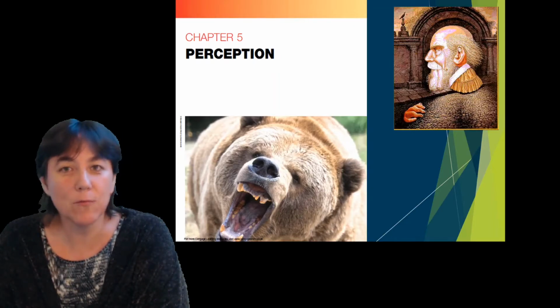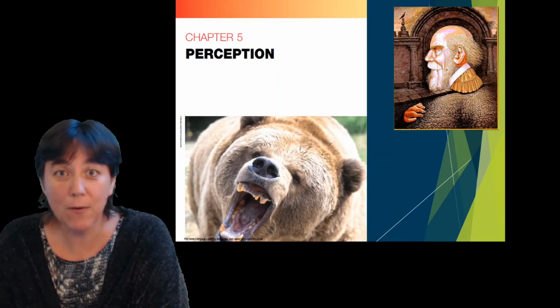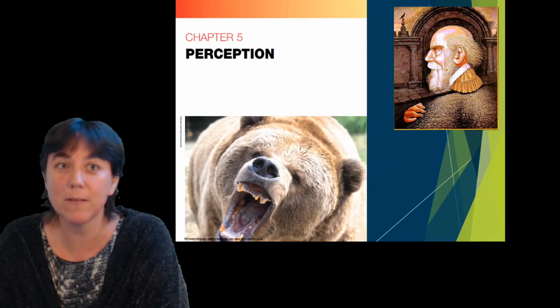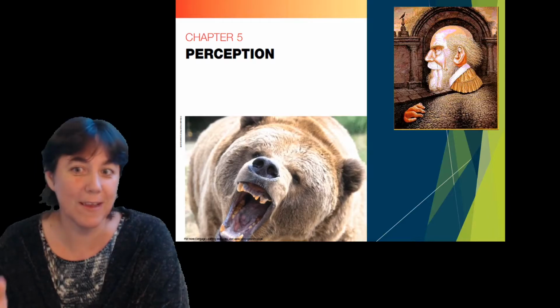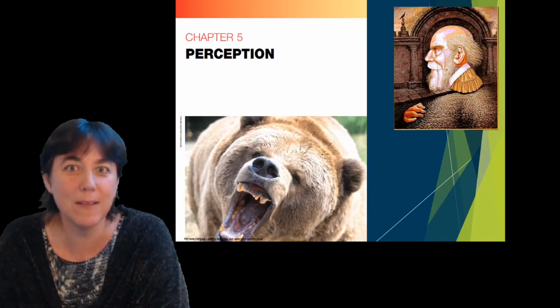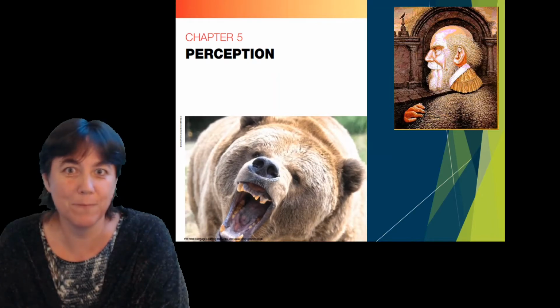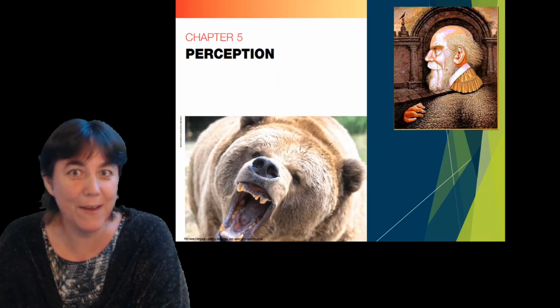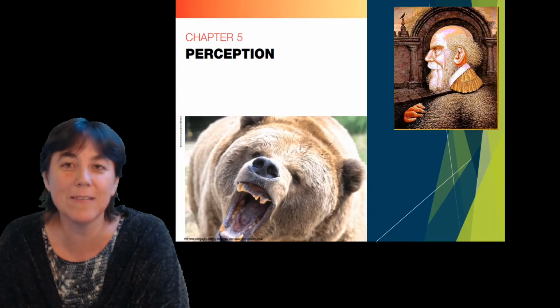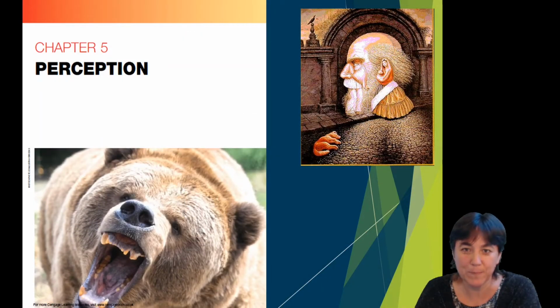So please read the book as background reading. It's very important because you have wonderful stories there, for example, about the grizzly bear and the tent, and other interesting facts you will find in the book.